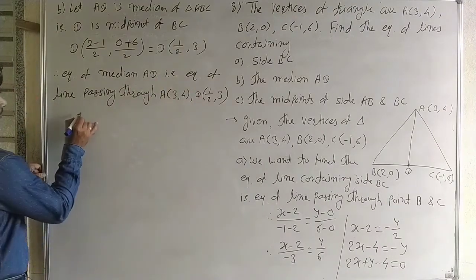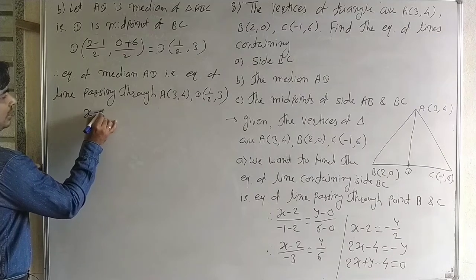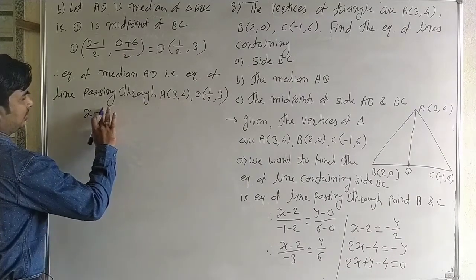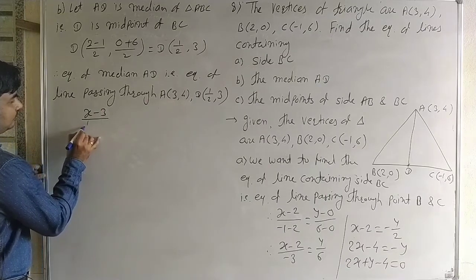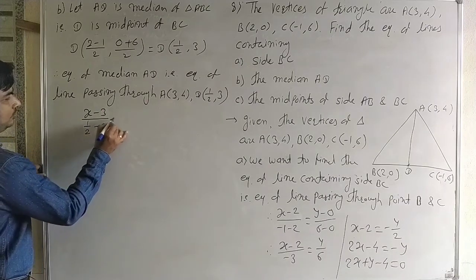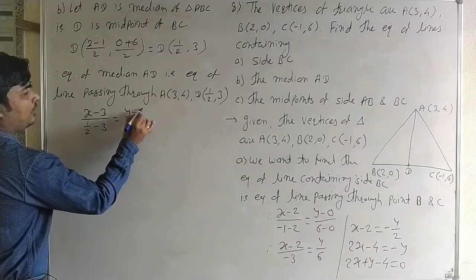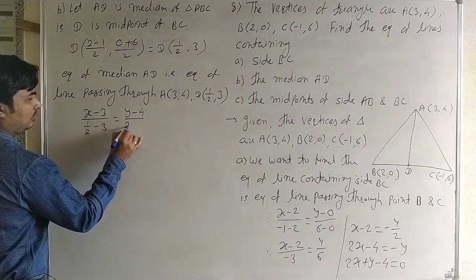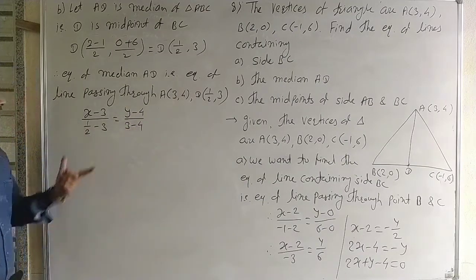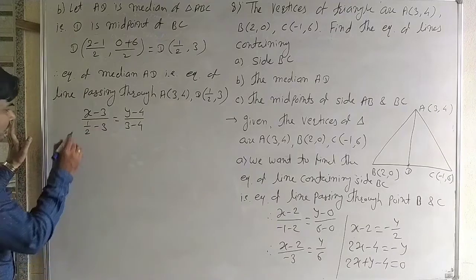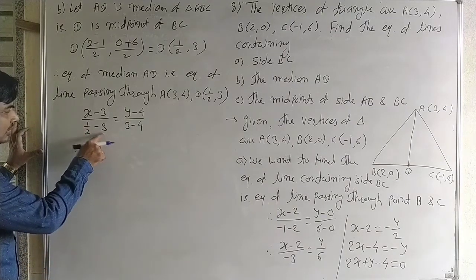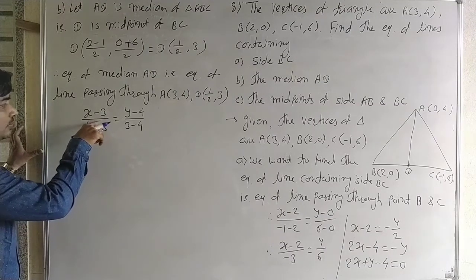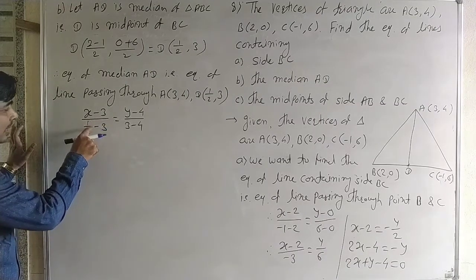Therefore the equation of the line is x minus x1, that is x minus 3, upon x2 minus 3 is equal to y minus y1 upon y2 minus y1. Now take the calculation. Here see carefully. Here 1 by 2 minus 3 is 1 minus 6 upon 2, it is minus 5 by 2.